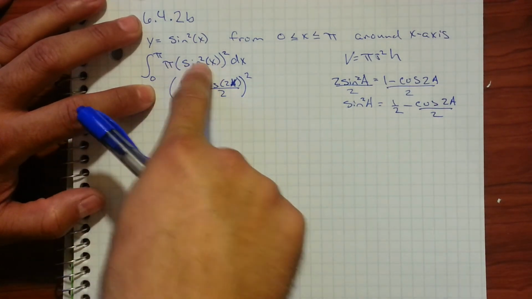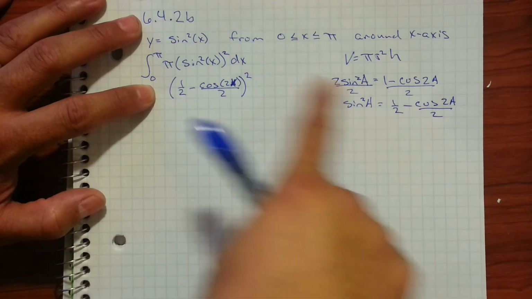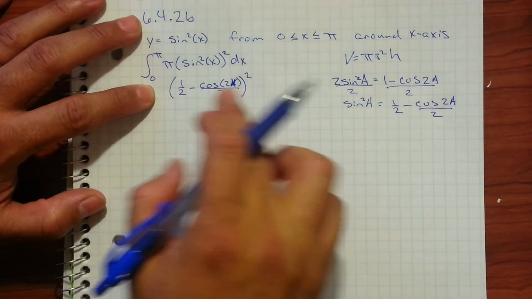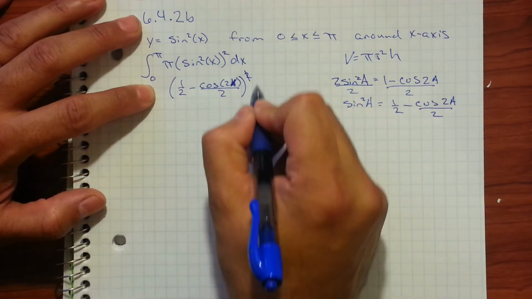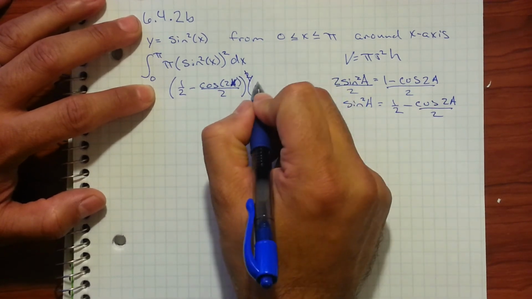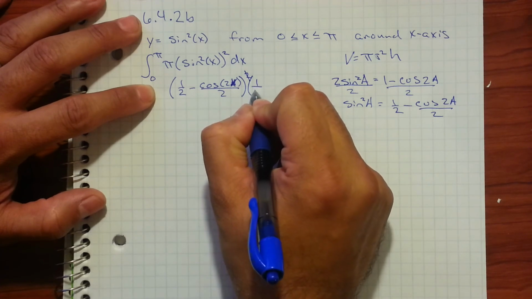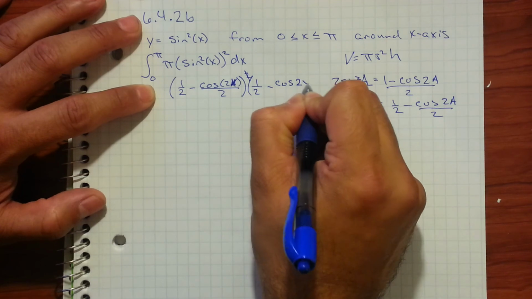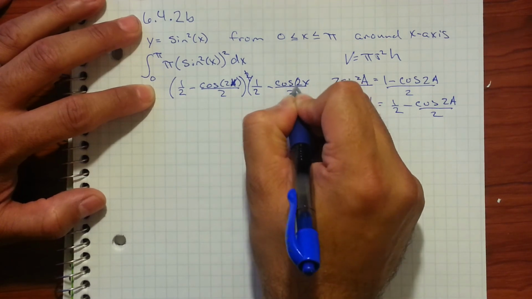So the sine squared is what I replaced here, and now I have to square. If it's squared, I'm going to do some distribution here. So get rid of that and just write it over again so I could actually FOIL my problem here: 1/2 minus cosine 2x over 2.